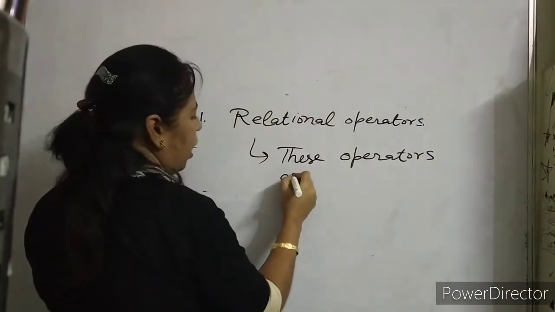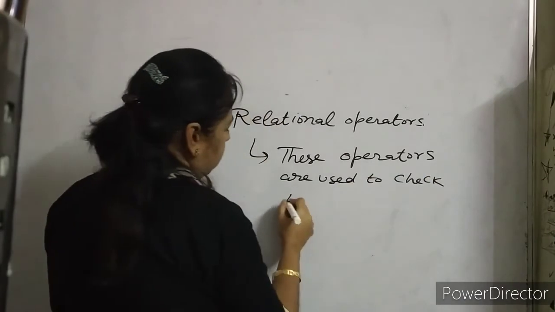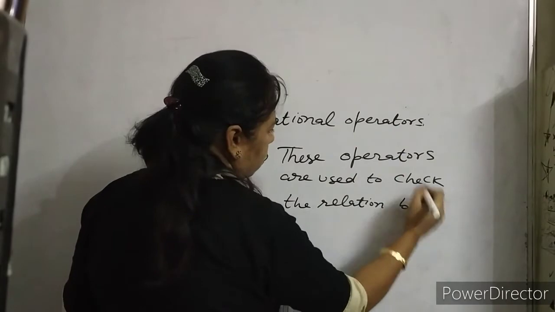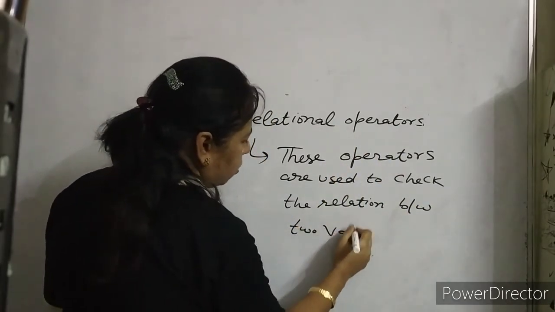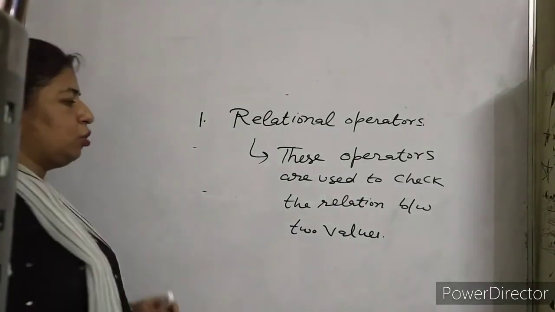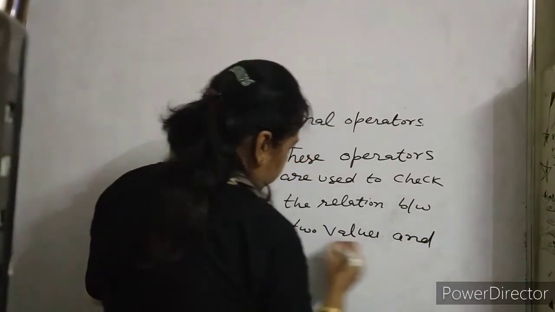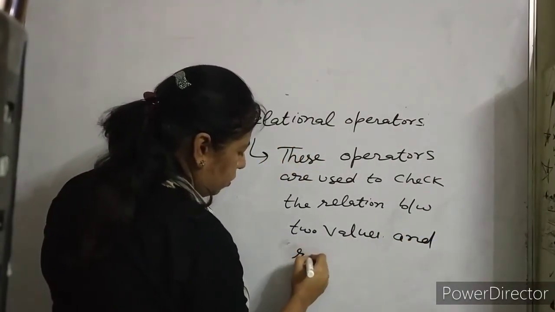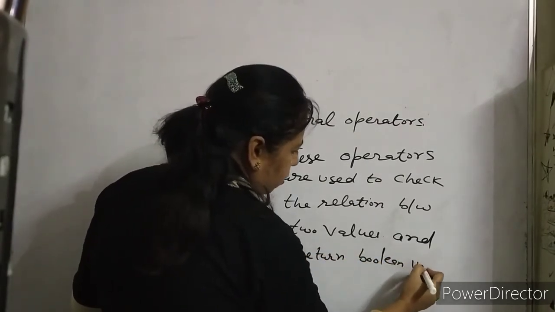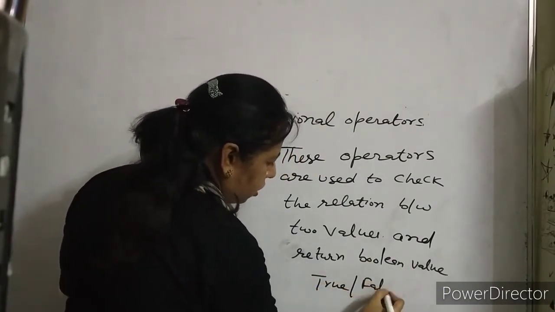These operators are used to check the relation between two values and return a Boolean value, true or false.